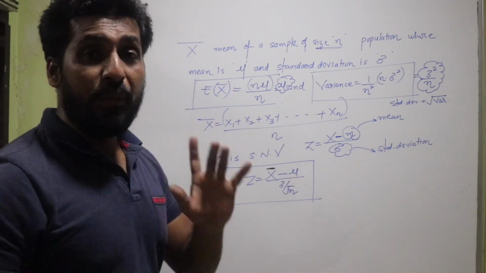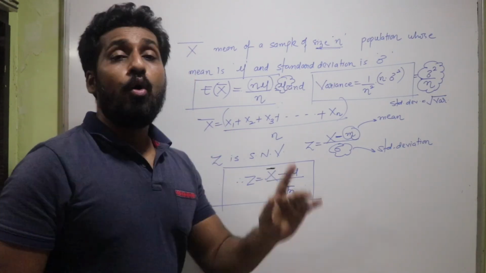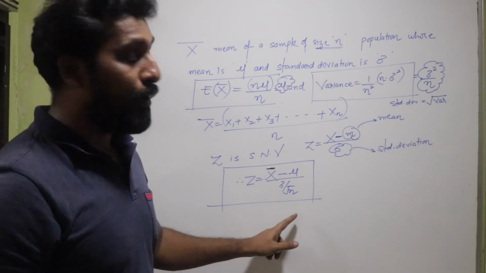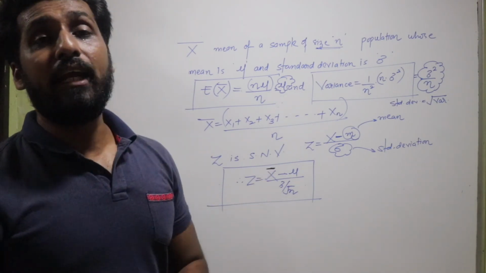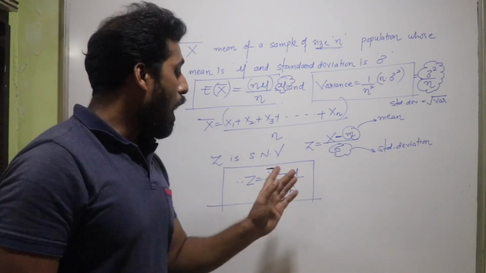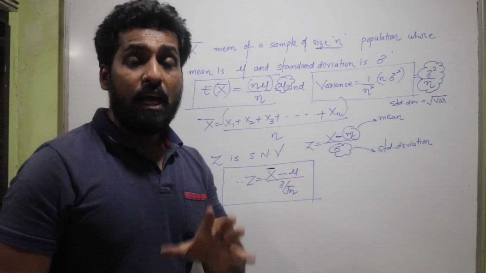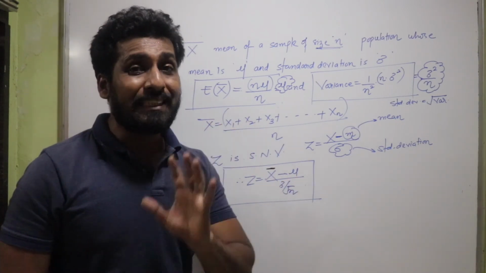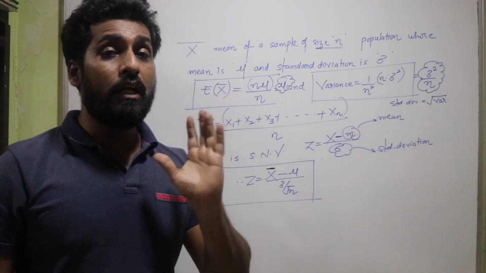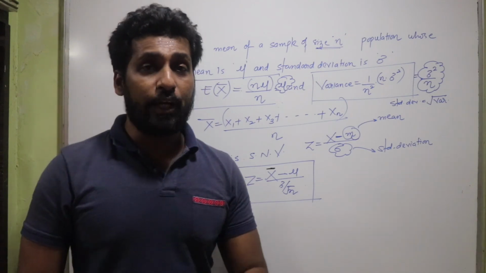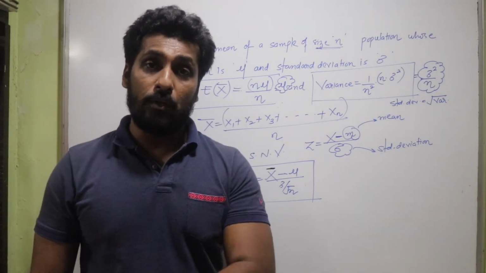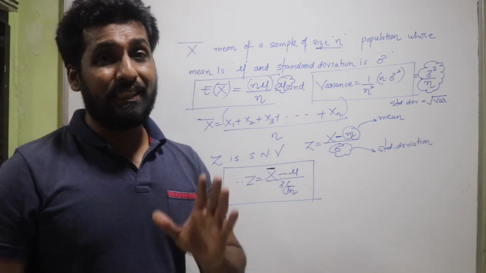So x bar was the mean of the sample and mu was the mean of the population, upon sigma upon root of n, where sigma is again the standard deviation of the population, upon root of n, where n is nothing but the sample size. So students, whenever you get a question on central limit theorem, we will always make use of the corollary of the Lindbergh-Levy theorem. So this is what you should be always remembering.